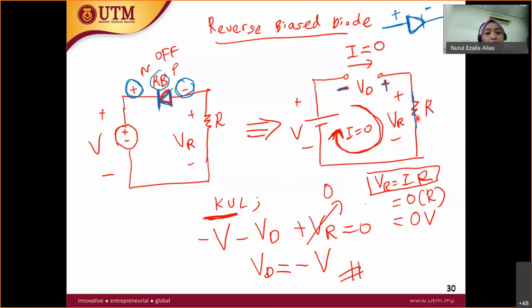Therefore, this resistor will have no voltage, because current times resistor is 0. So if you apply KVL, you will have negative V minus VD plus VR equals 0. And VD, the voltage across here, equals negative V. Remember that. This is how we define the reverse bias diode.